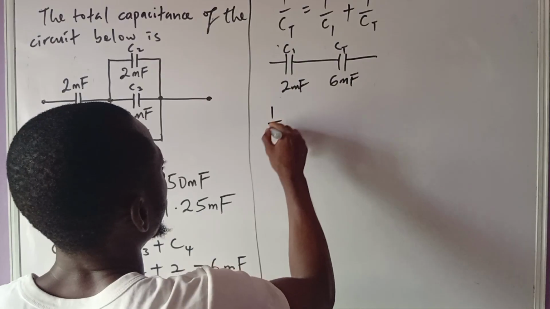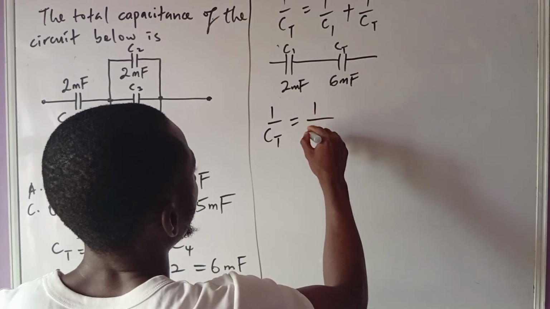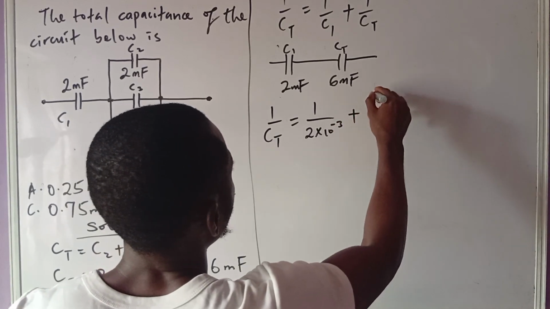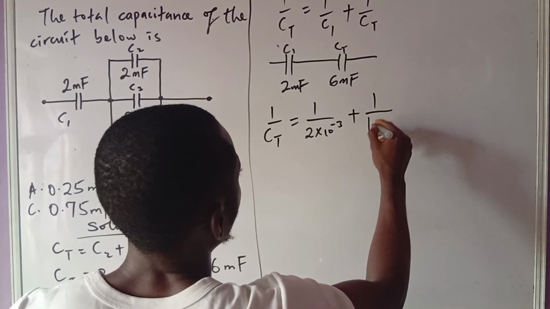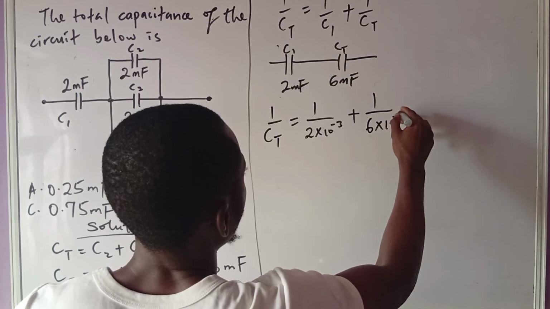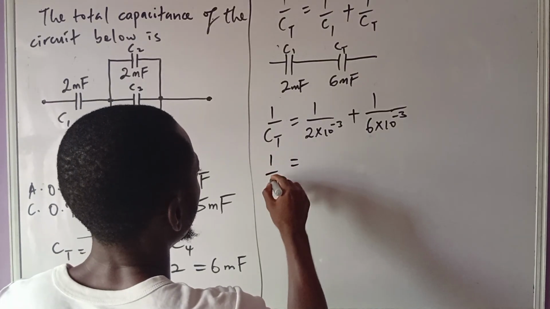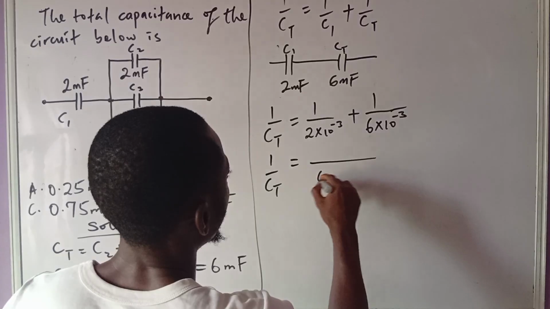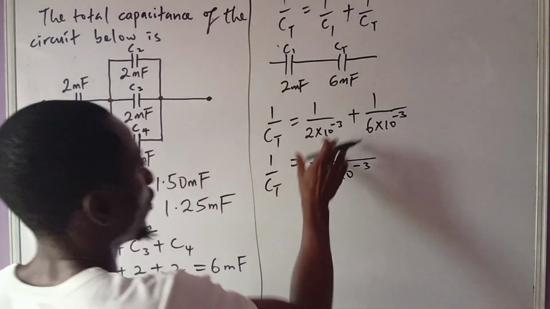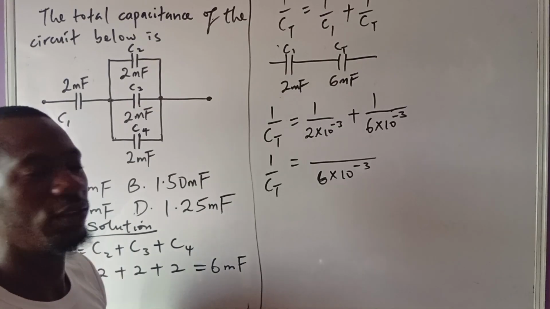We have 1 over resultant capacitance equals 1 over 2 millifarad, 2 times 10 raised to power minus 3, plus 1 over 6 millifarad, 6 times 10 raised to power minus 3. So the LCM here is 6 times 10 raised to power minus 3. 6 times 10 raised to power minus 3 divided by 2 times 10 raised to power minus 3 is 3.